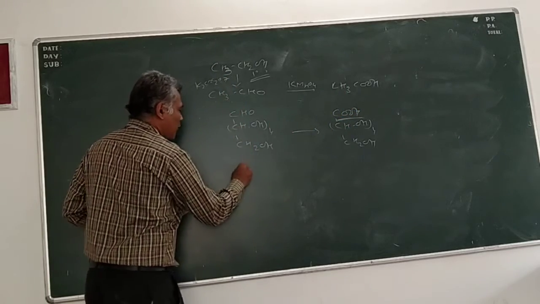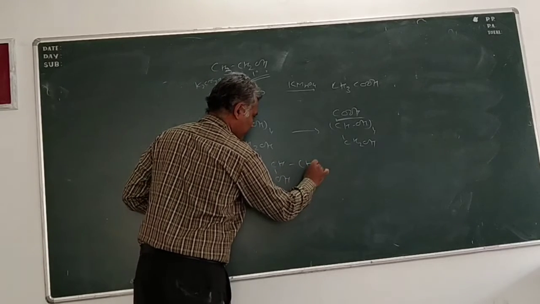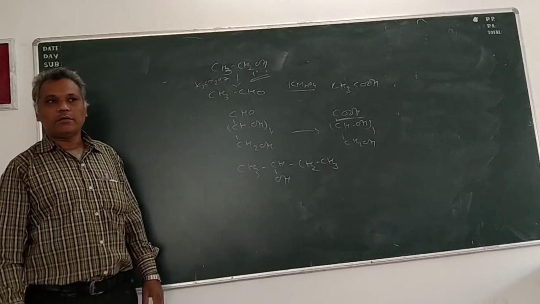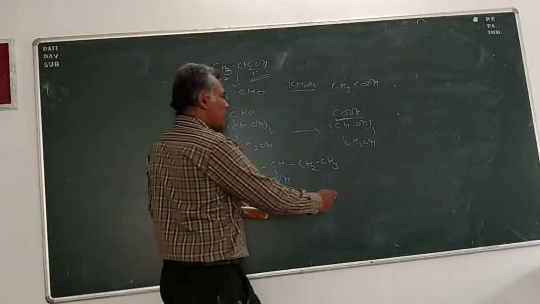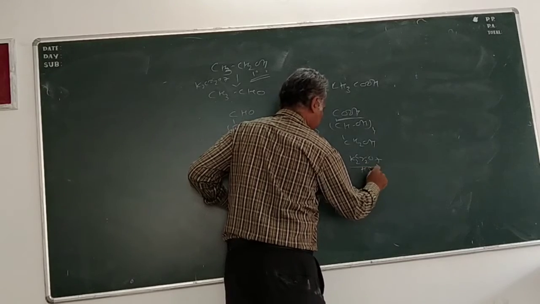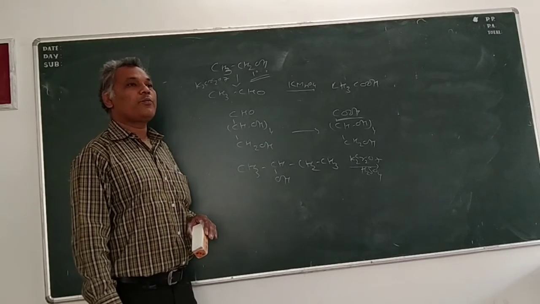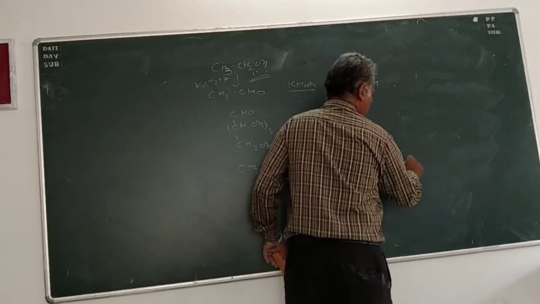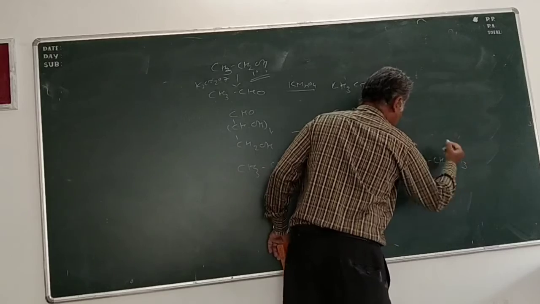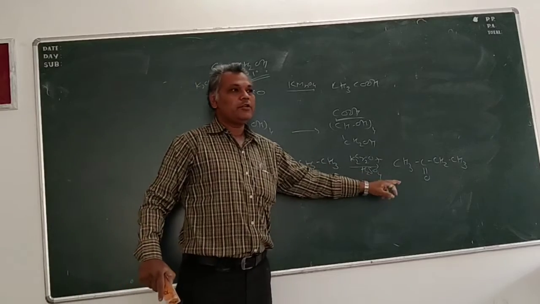Okay, in place of that, if I am having a secondary OH, what will happen? I am reacting it with the same K2Cr2O7. What will be the product I will be getting? Secondary alcohol produces ketone. Primary produces aldehyde, secondary produces ketone.